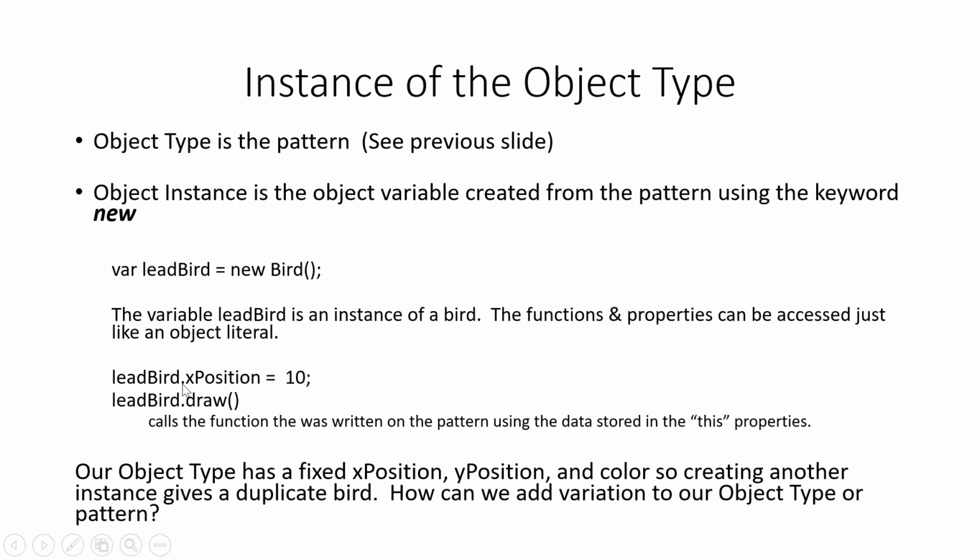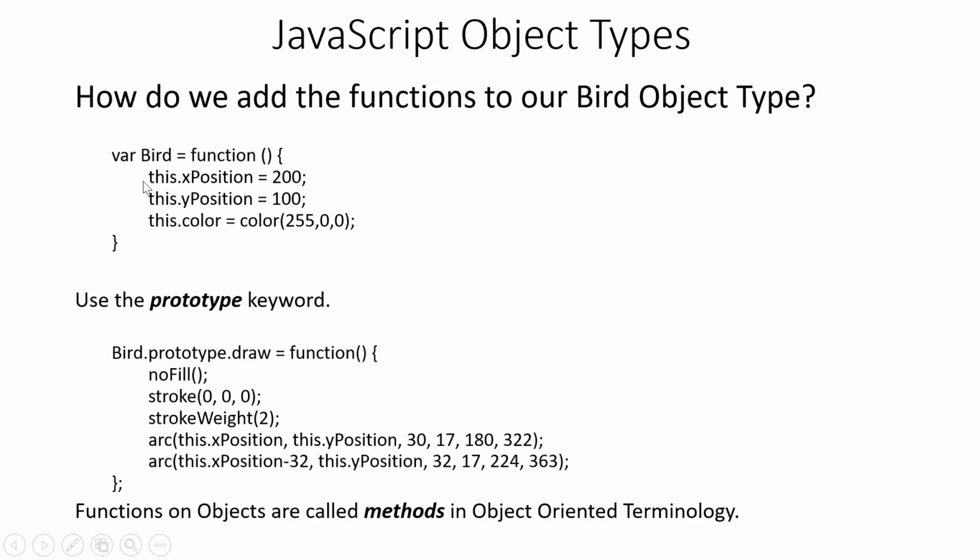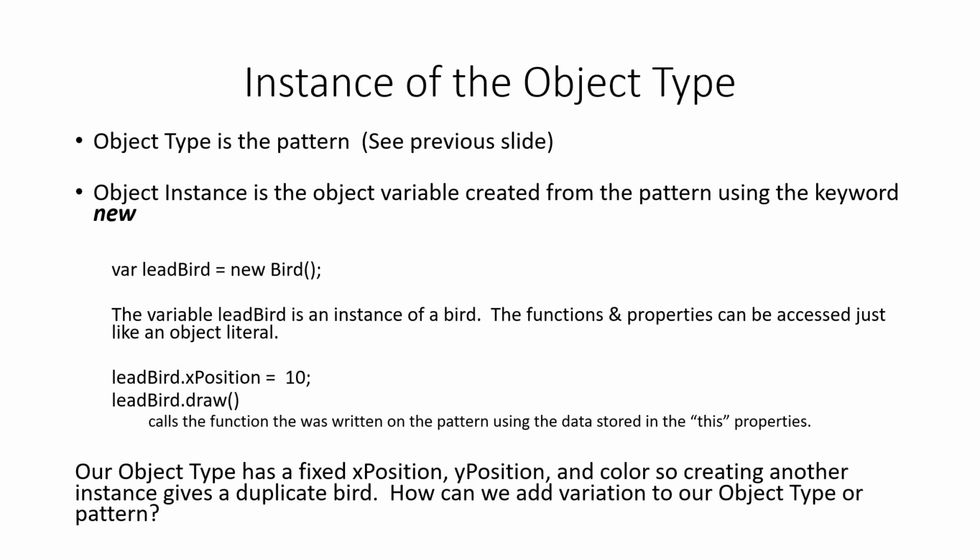For example, we had this.xPosition defined. Remember, we said this.xPosition equals 200. Well, if we want to change that value to 10, we just say leadBird.xPosition and assign it a value. Just like when we have an array and we want to use the .length property, we just say .length.